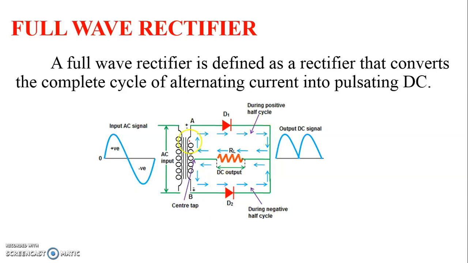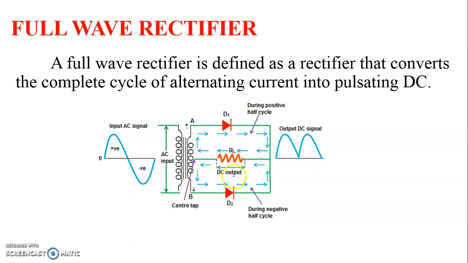So this is the circuit diagram of the full wave rectifier. The main components of the full wave rectifier are two diodes and one center tapped step down transformer. On the primary side, we connect the input AC signal.